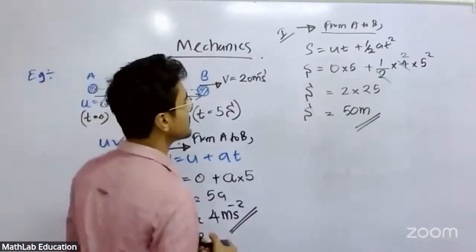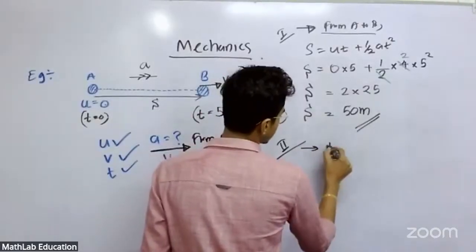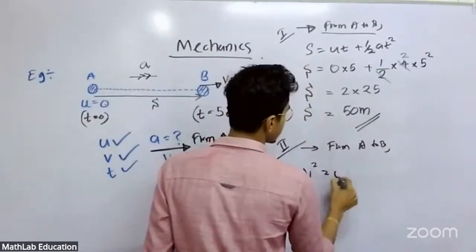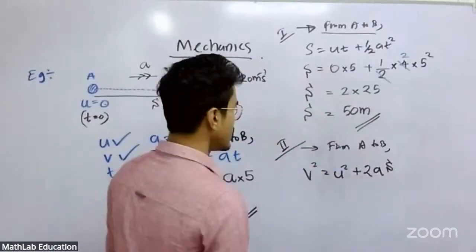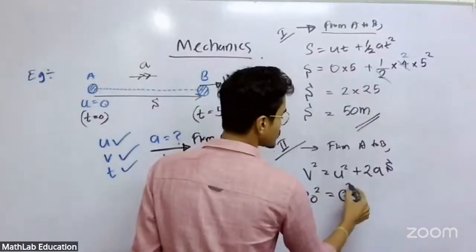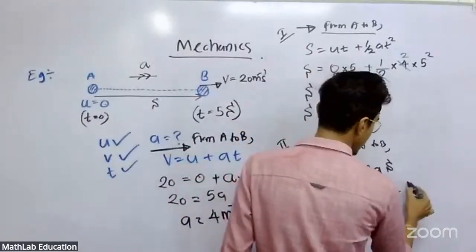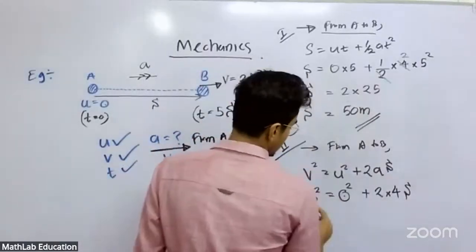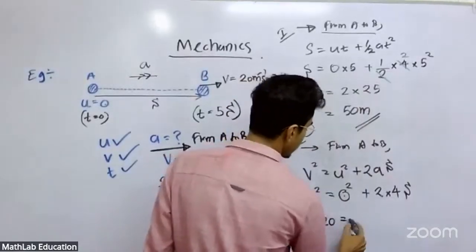Now, as an alternative, we can use another equation from A to B, like this: v squared equals u squared plus 2as. v squared is 20 squared. u squared is 0, 0 squared is 0, plus 2 times a, which is 4, times s. So 20 squared is 20 times 20. Without writing 400, I'm writing it as 20 times 20.